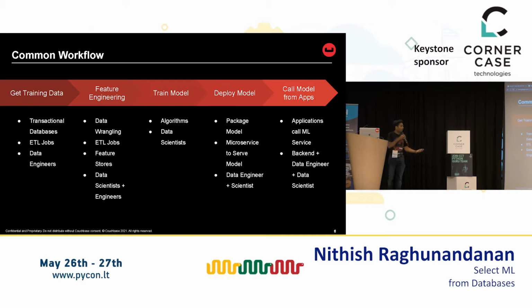And then comes the process of deploying this model. Normally you package this model using a simple API framework like Flask or FastAPI, and then build a small microservice around it, which is then accessed by your applications that are calling this machine learning use case.